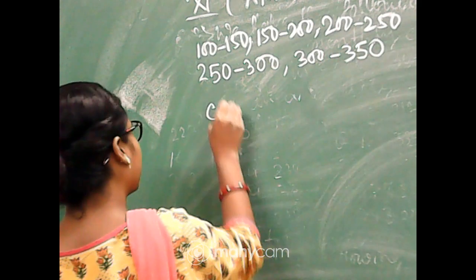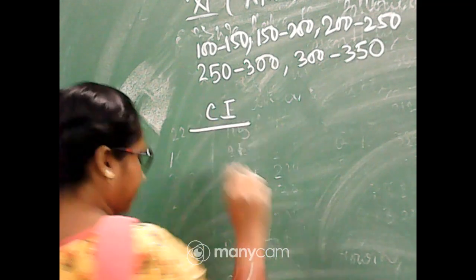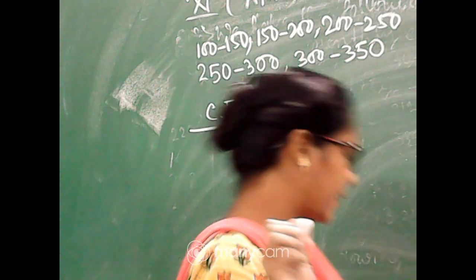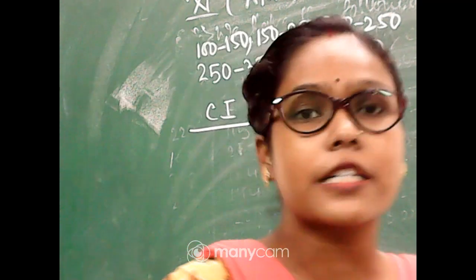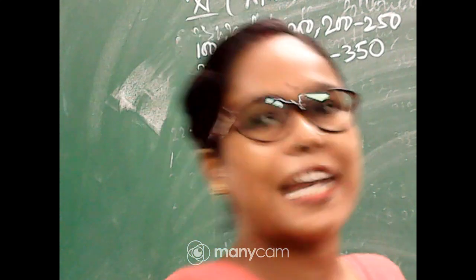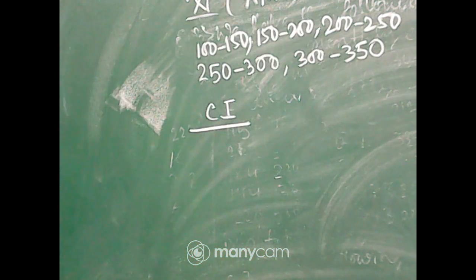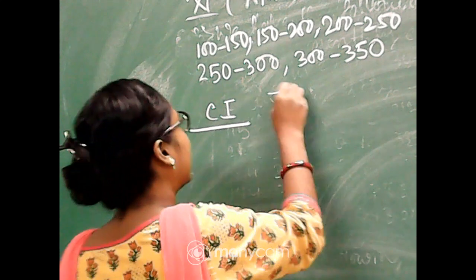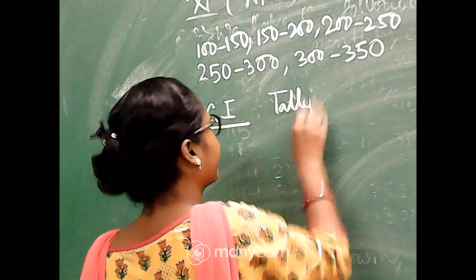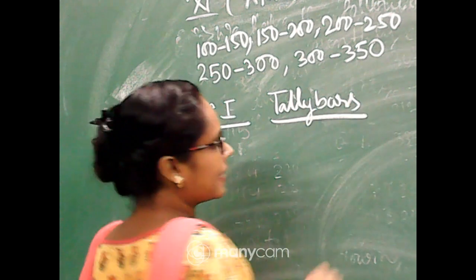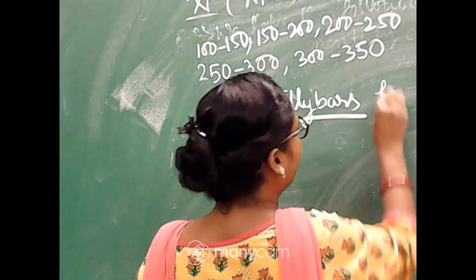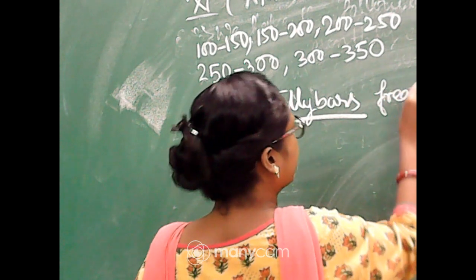Class intervals are given. So how do we find the frequency? First we will use the tally bars. You already know how to make tally bars. Tally bars, and next we will find out the frequency.